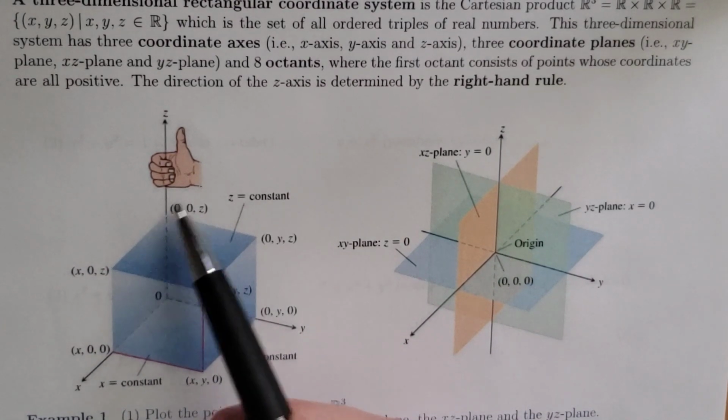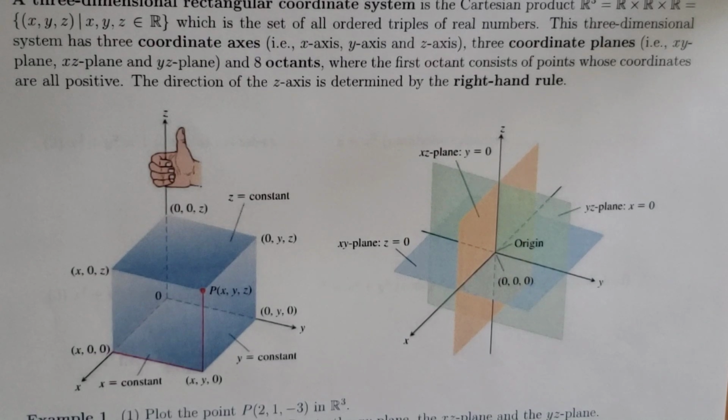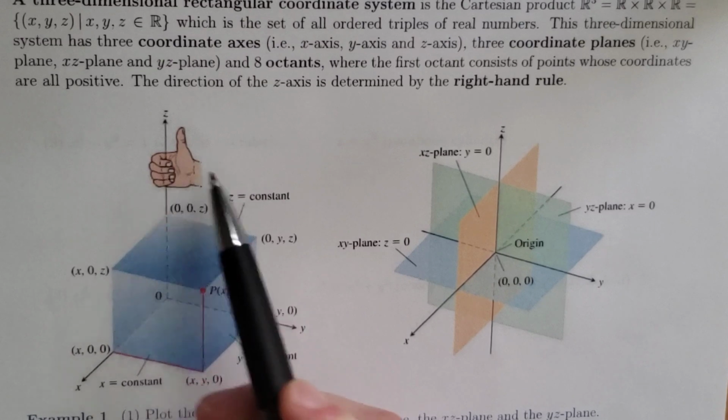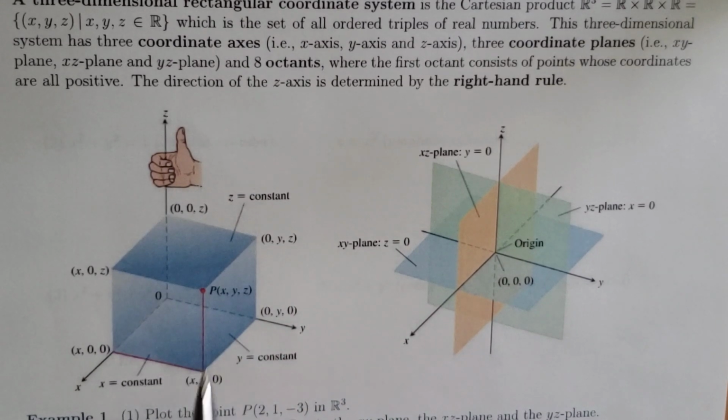So no matter how you orient your right hand, as long as your thumb is positive z, your arm is positive y, and your fingers curl towards positive x, you will be consistent, and everything will be fine.